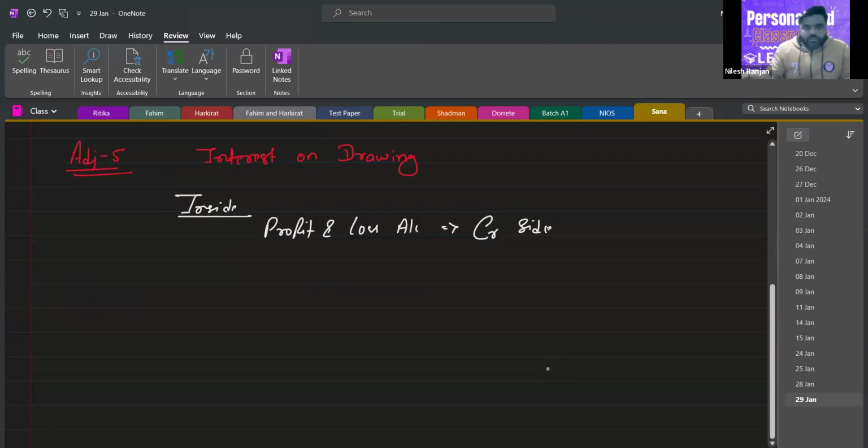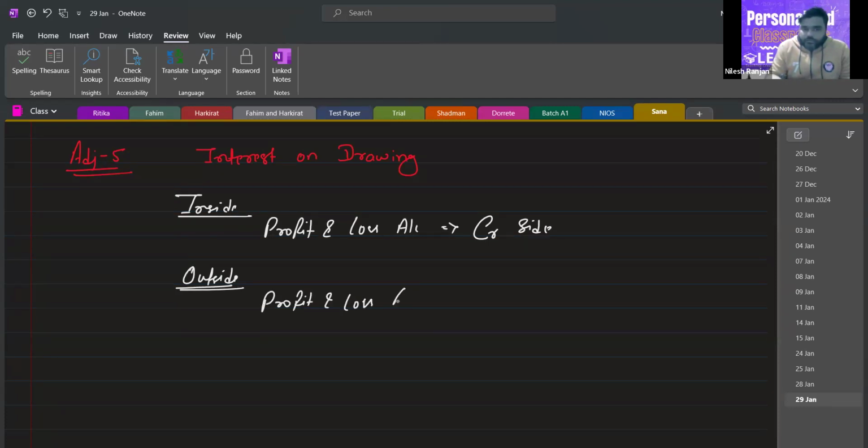And if it is outside, then one is profit and loss, credit side, and the other is balance sheet.